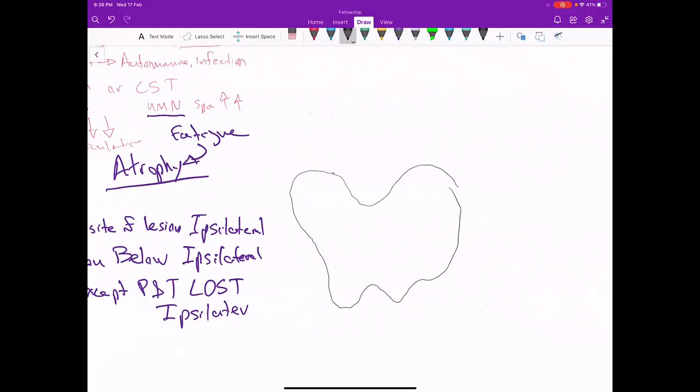Let's just say these are the spinothalamic tracts. This is the right side and this is the left side. The left sensory nerve, obviously sensation always enters dorsally in the spinal cord, but just for the sake of explanation, the left nerve comes in, it skips the left spinothalamic tract, it doesn't even touch it.